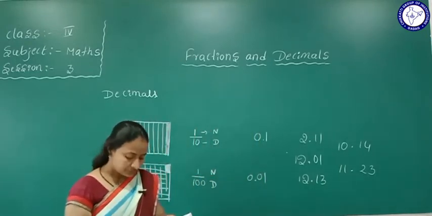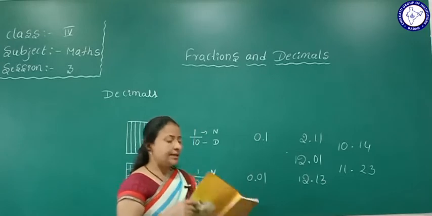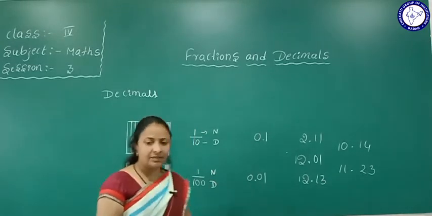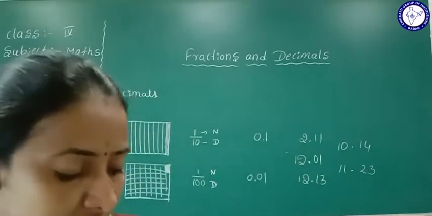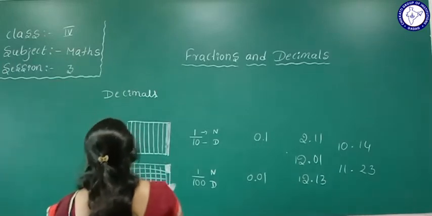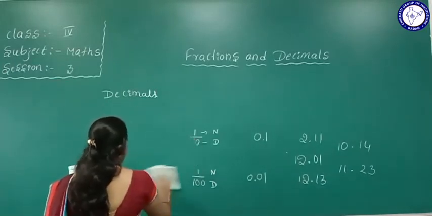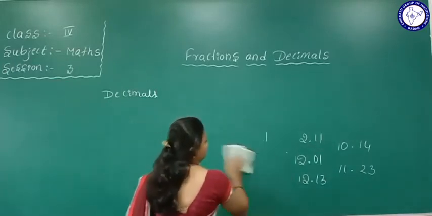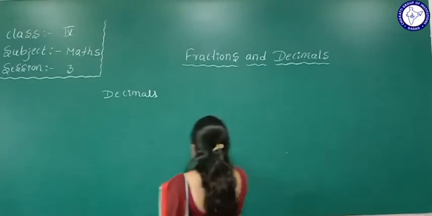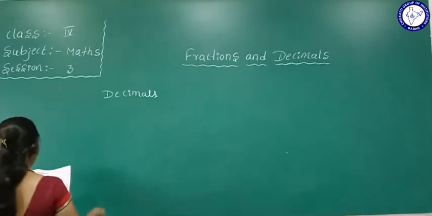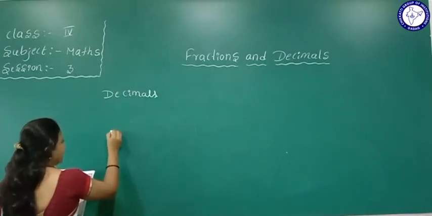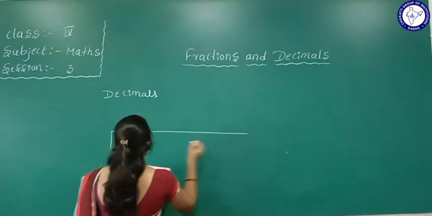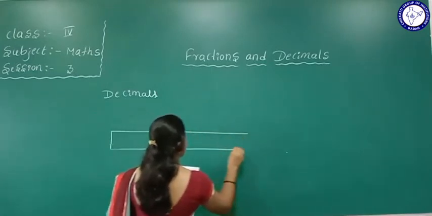Okay. So next, another example is given. Yes, we'll see another example. Okay, so take one rectangle. One rectangle is taken as one line of a rectangle here.